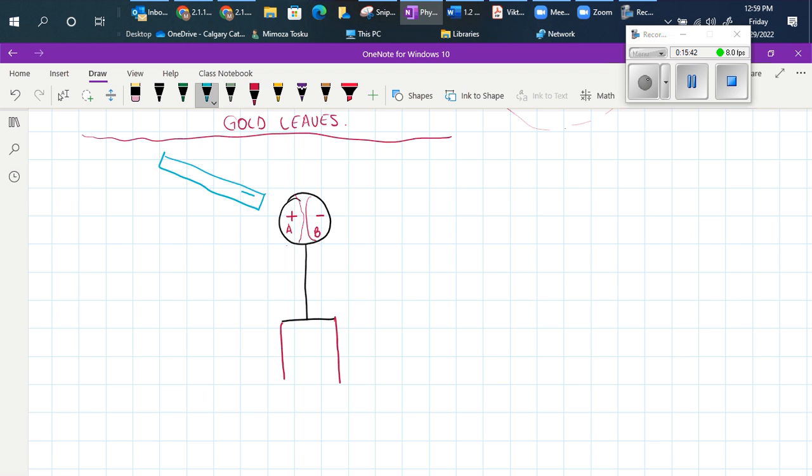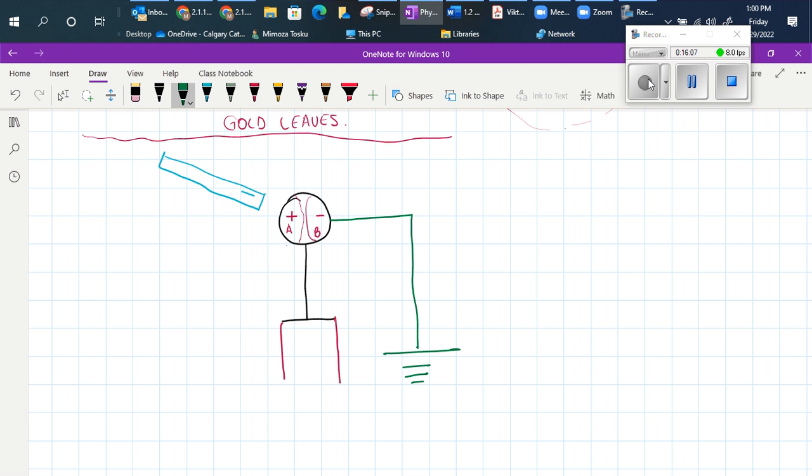And then right after this, what do we do? Keeping the rod nearby the knob of the electroscope, we place a grounding. So on this area here, we put a grounding, and grounding is a bridge.